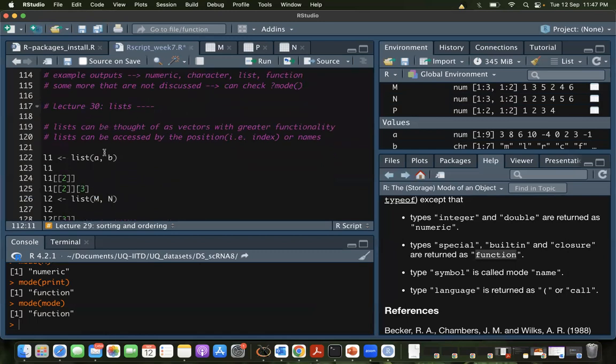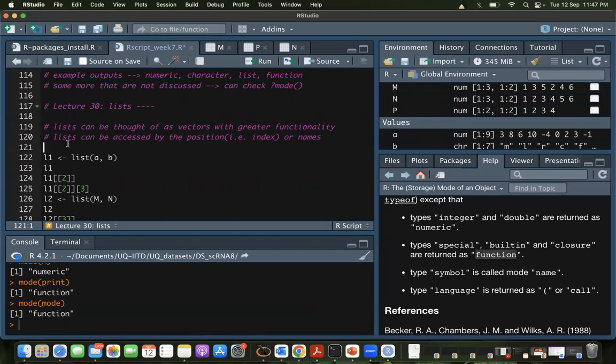Okay. So then the last part of this week was about lists. So the best way to understand what a list is, is that it's sort of a multi-vector. It can hold multiple elements. So how do we define a vector?